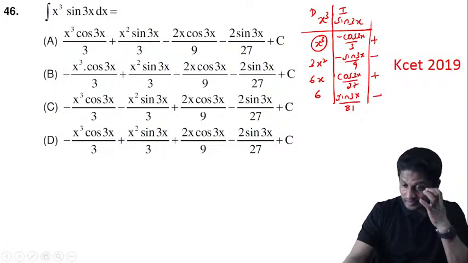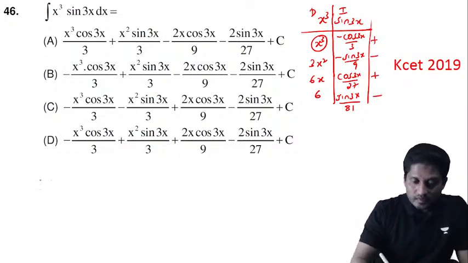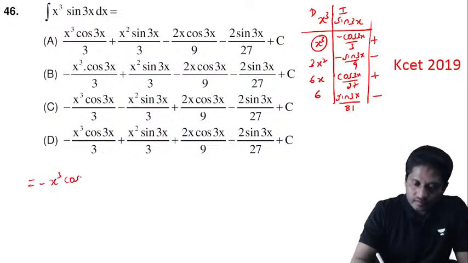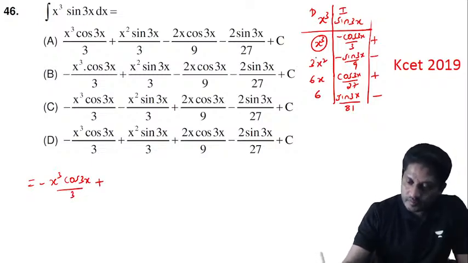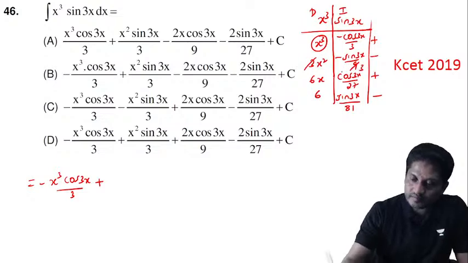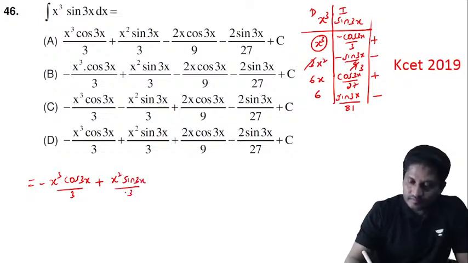Now if I multiply, this is equal to minus x cube into cos 3x by 3. Okay, and then plus of minus is plus. 3 will cancel with 9, three times. So this is x square into sine 3x divided by 3.